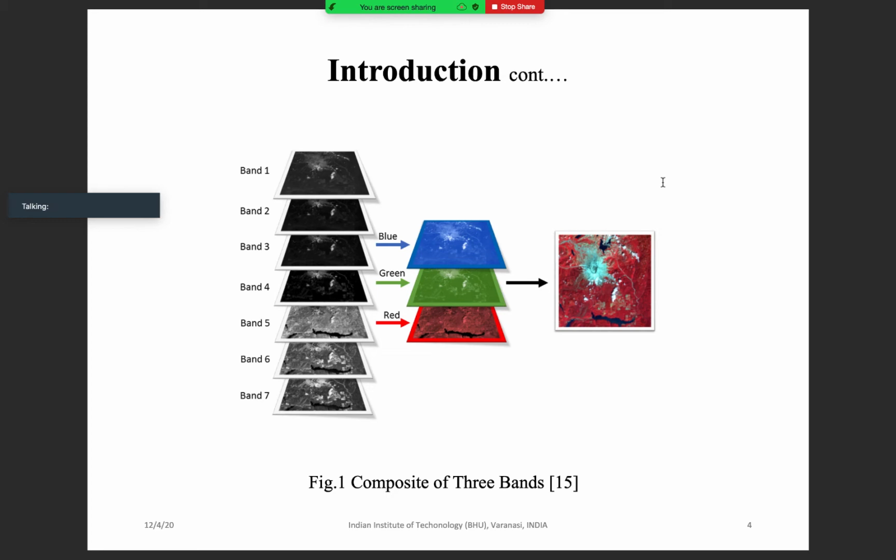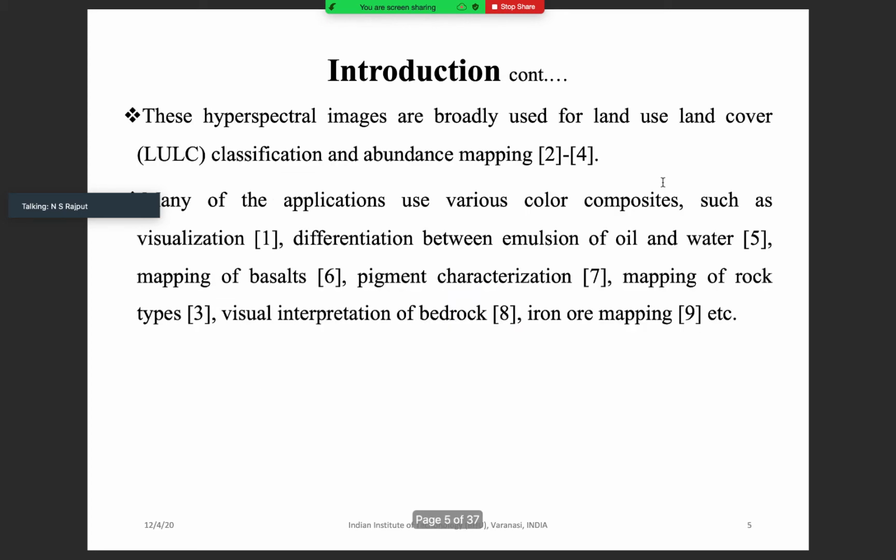The kind of picture we generate will depend on what kind of bands we have taken. If we take RGB, it is a true color composite, and if it is non-RGB, it would be a false color composite.